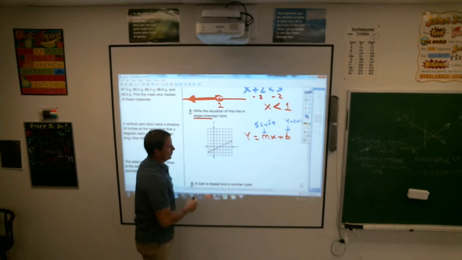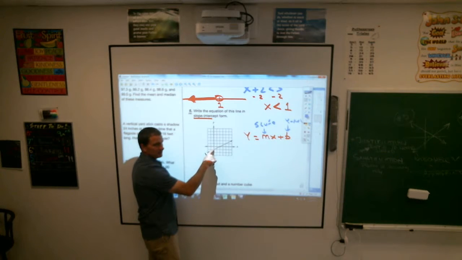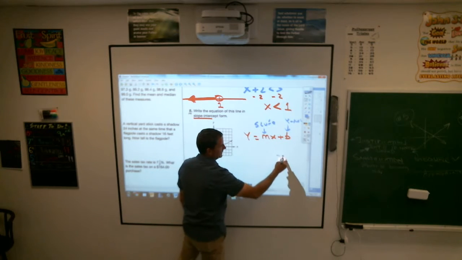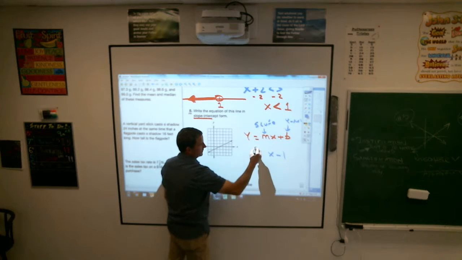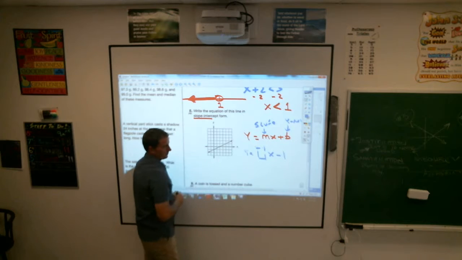So if you look at this, where is it crossing the y-axis? What number is that on the y-axis? There's 0, that's -1. So b has to be -1. You just now need to find what the slope of that line is.